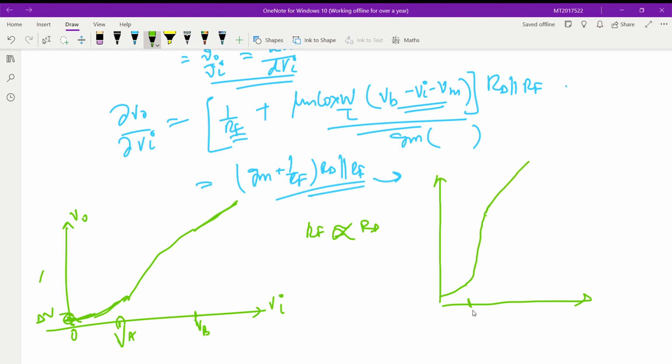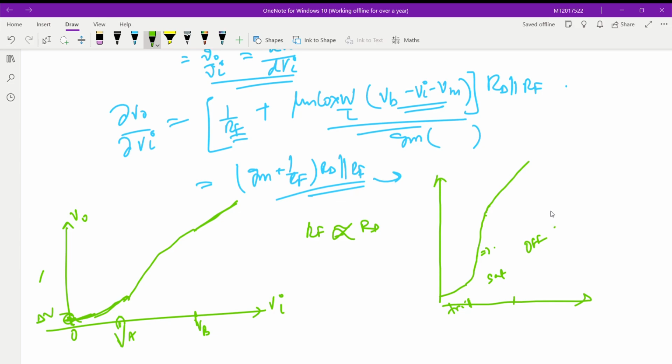So this is how it will look. So why did I make the curve steep here? Because it's a gain. It's the small signal gain. Small signal gain will usually be higher in saturation than in triode region. Okay, so this is how the curve will look.